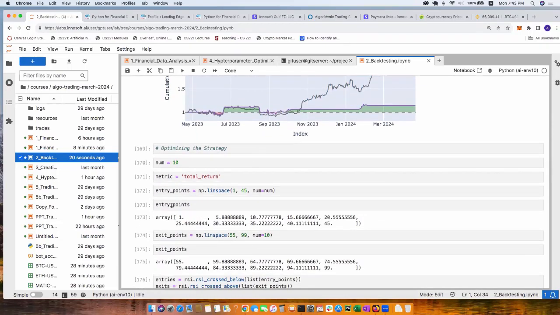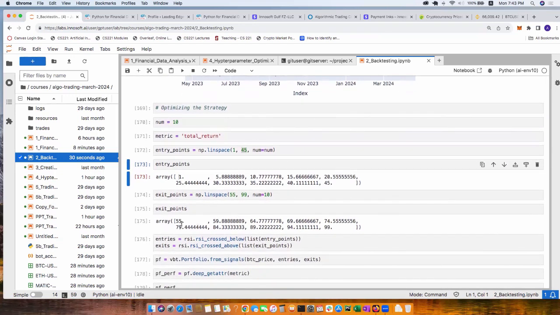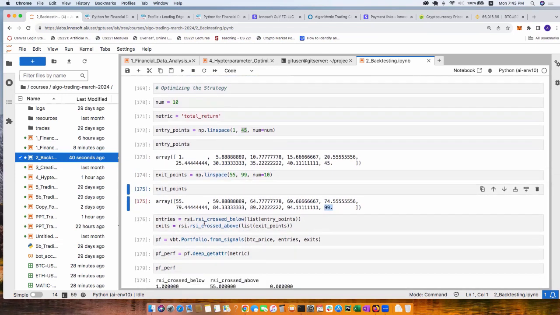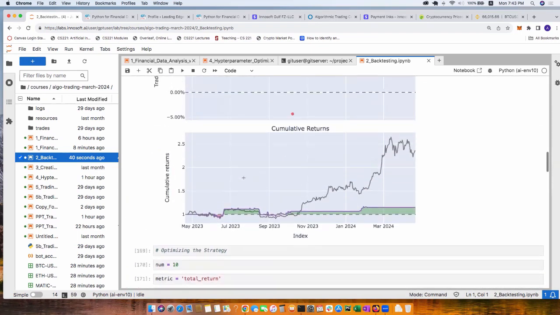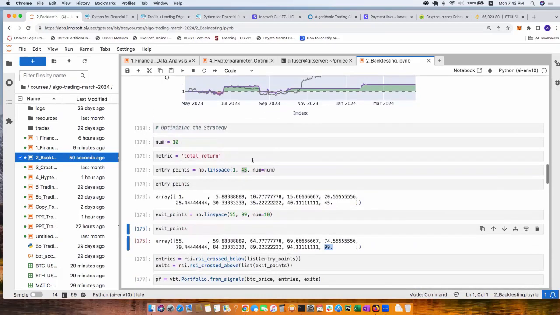Here I'm going to sample 10 values for the entry from 1 to 45, and for the exit, I'm going to sample 10 values from 55 to 99. Then I'm looking for the most profitable combination between the entry and the exit. Let's go ahead and do that. This is where we actually optimize the strategy.